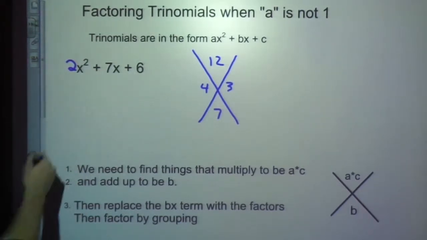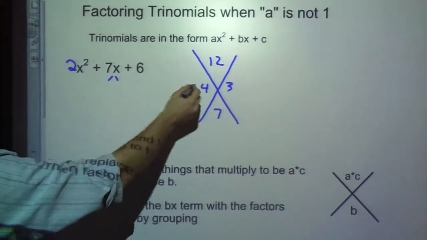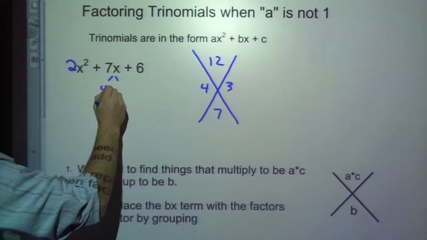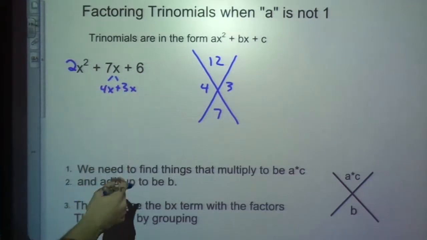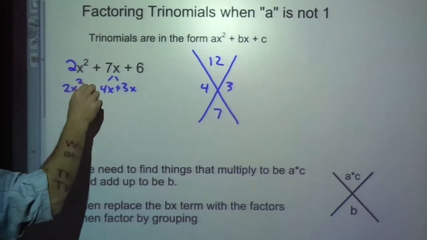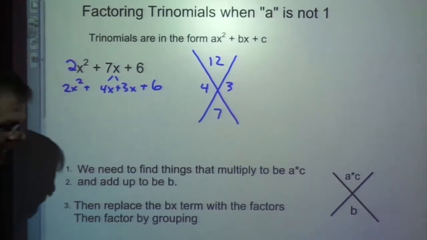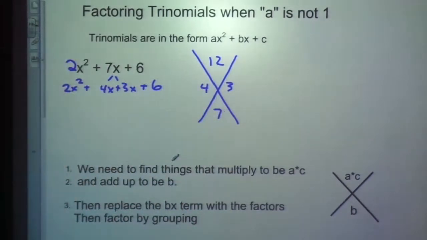What I'm going to do is rewrite this middle term. Instead of 7x, I'm going to rewrite 4x plus 3x, since those are equivalent to 7x. I'll bring down the rest of the stuff here. Now I've got something that's the same as what I started with, but I've got 4 terms, and the way to factor things with 4 terms is by grouping.